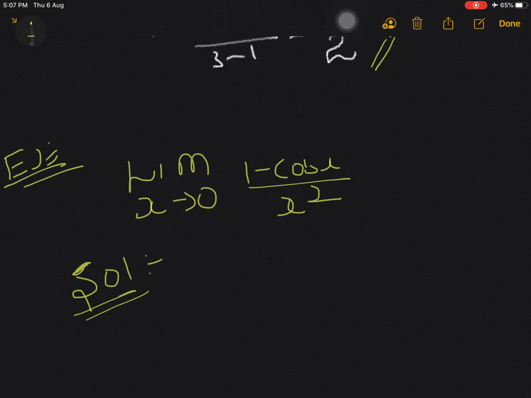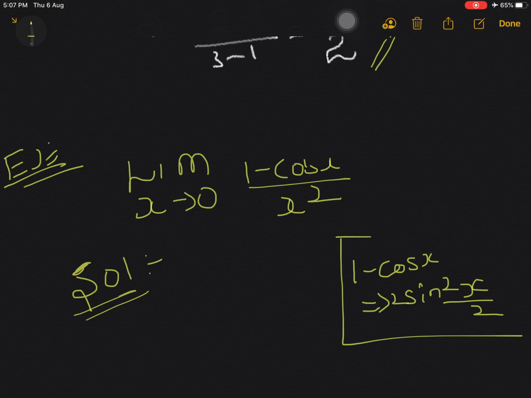We know how to convert trigonometric limits into different trigonometric limits. Using multiple and submultiple angles, we know that 1 minus cos x is equal to 2 sine square x by 2.